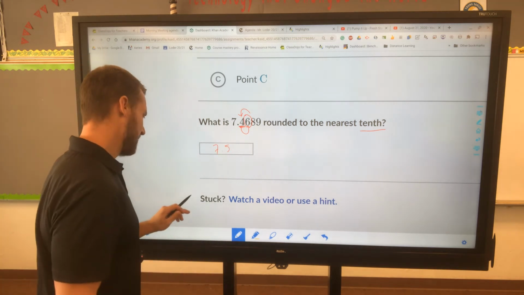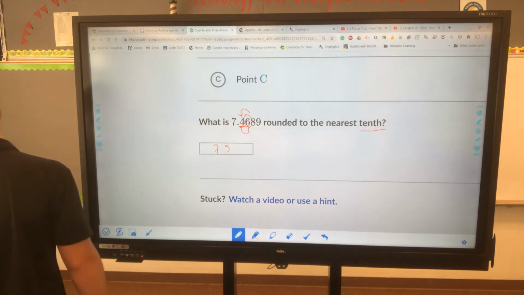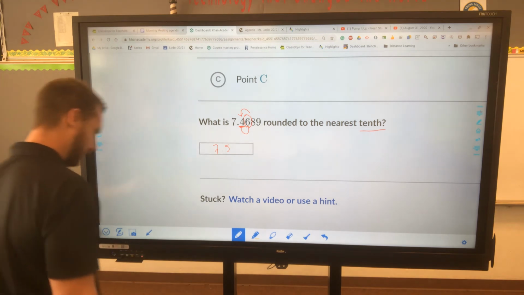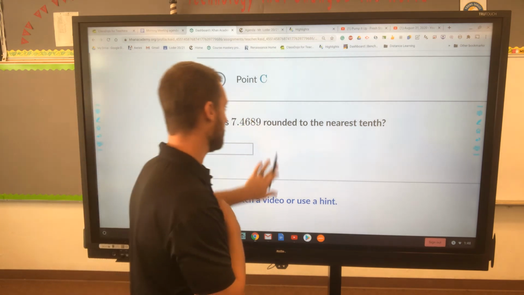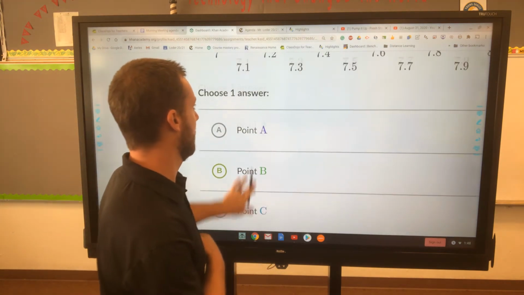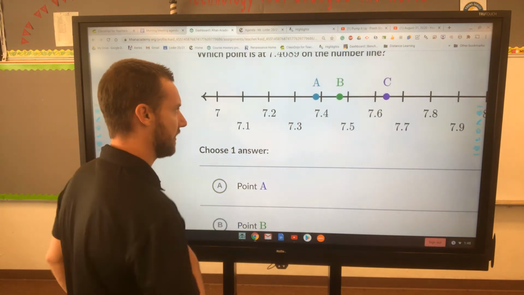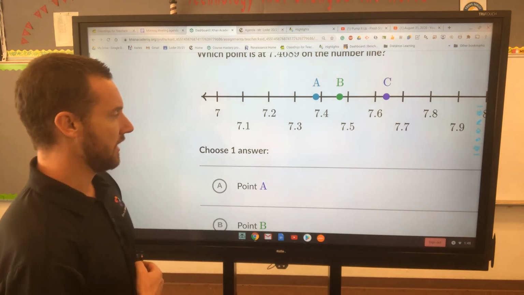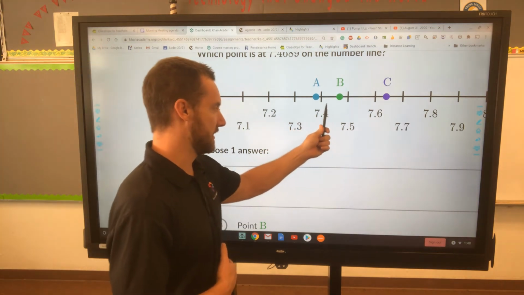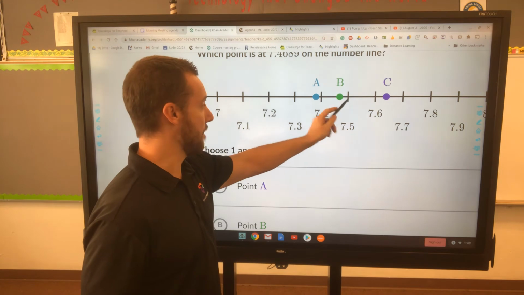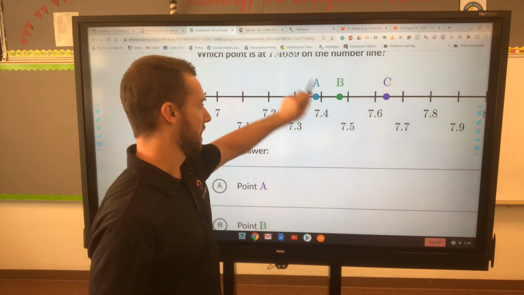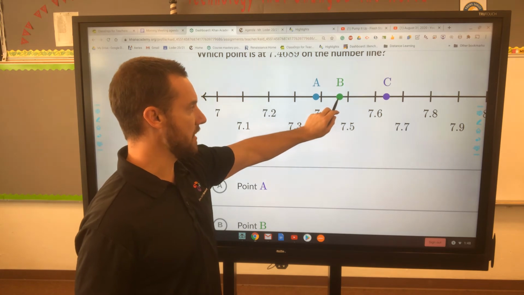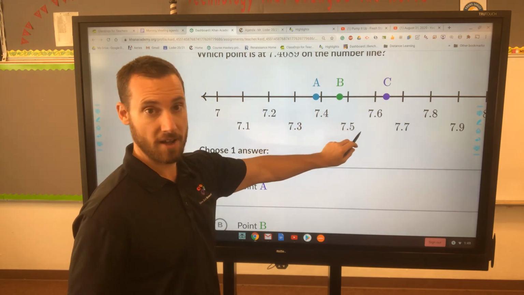All right, so let's go ahead. Oh my goodness. Let's go ahead and look. I had a sneeze and it never came. Look at this and see that we just said that B was this number. And you can see that B is really close to 7.5.